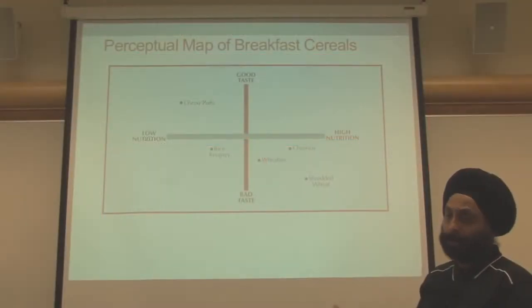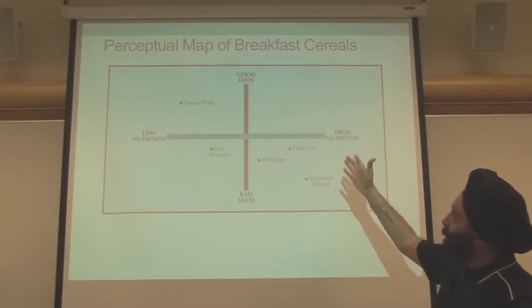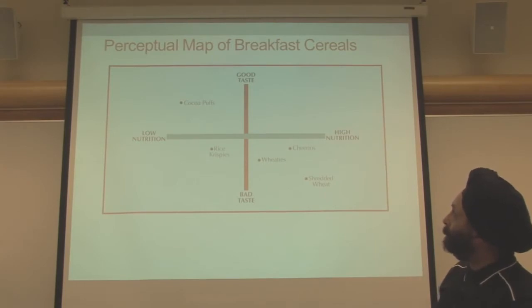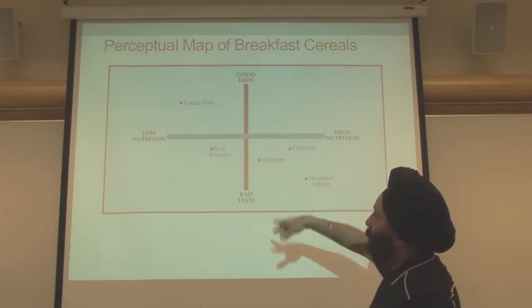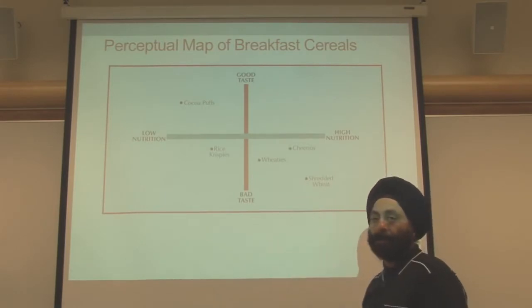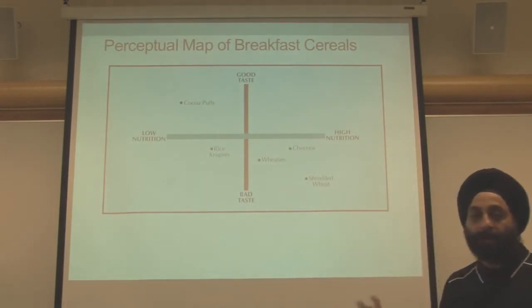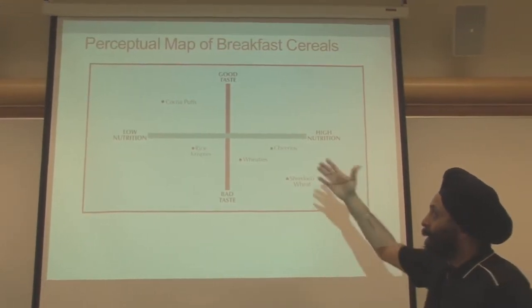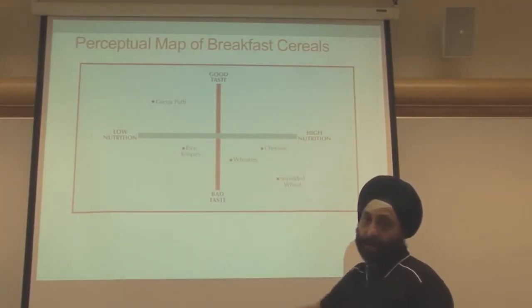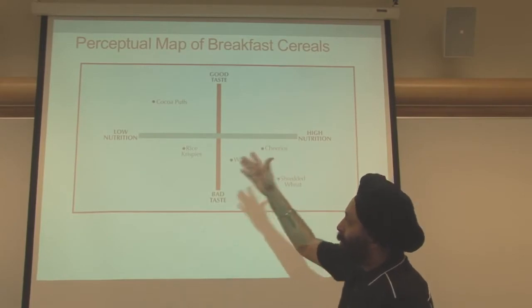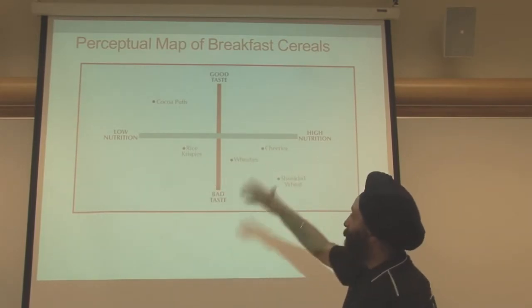So for the customers who actually enjoy breakfast cereals, if you ask them to rate a variety of breakfast cereals on two different scales. One is good taste versus not so good taste, versus low nutrition and high nutrition.